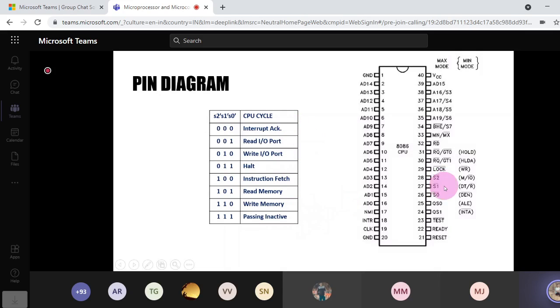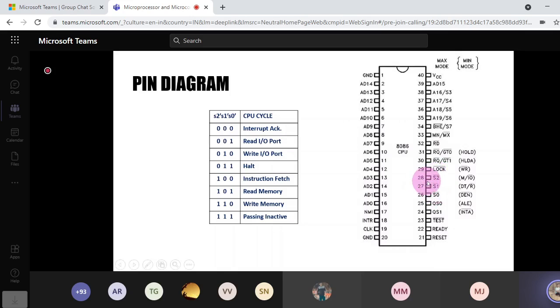So from these S1, S2 and S0 and a combination of other signals in the maximum mode, we should be able to generate these read-write, memory and input-output signals, because one of the combinations on S0, S1 and S2 will mean any one of these 8 things. So just by having 3 pins in maximum mode, you are meaning 8 different things, right?